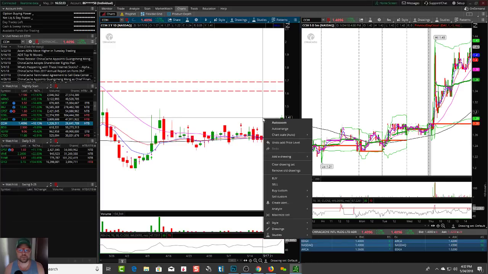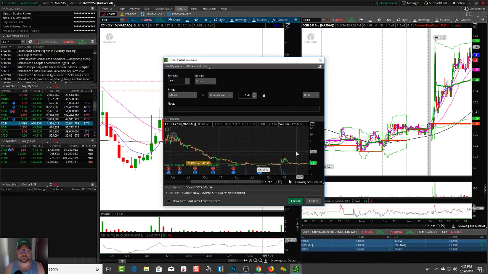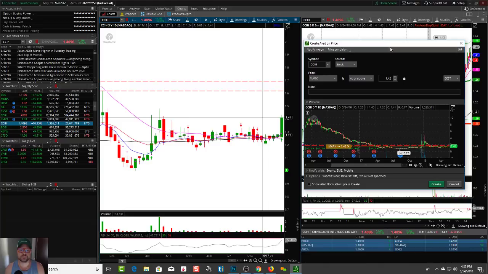So inverse head and shoulders on the 1 hour, watch for continuation with resistance in the 160s.